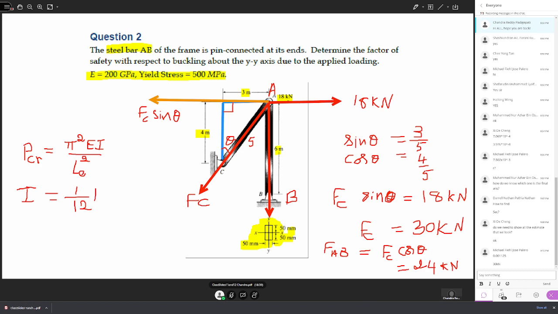So inertia through the neutral axis is BH cubed. So the cross section is shown here.